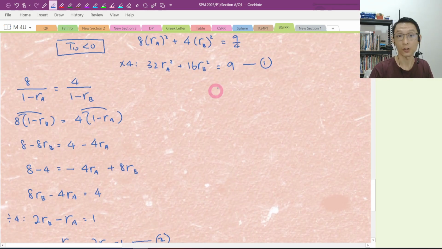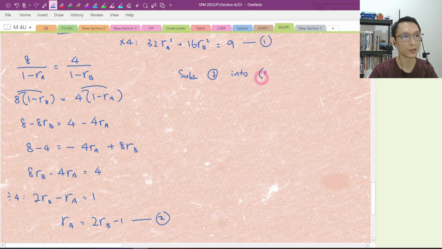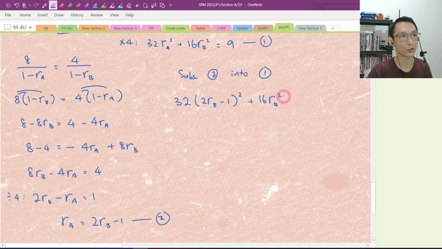Now I can solve them simultaneously to find the common ratio for GPA and GPB. Substitute the second equation into the first equation. So 32 times RA, which is equal to 2RB minus 1, don't forget to square it, plus 16 RB squared is equal to 9. Now we only have one unknown, so we can find its value first.